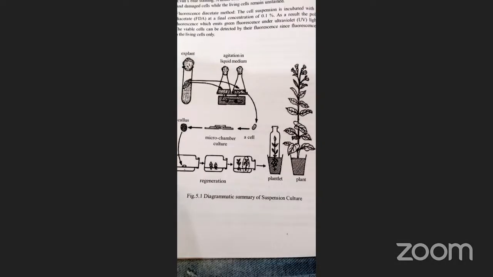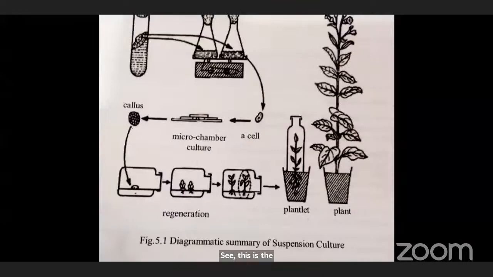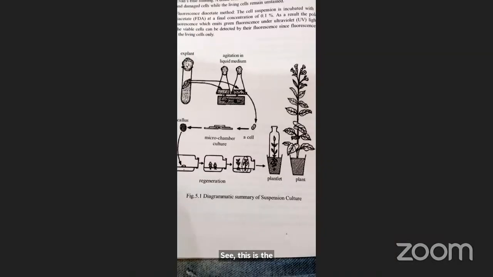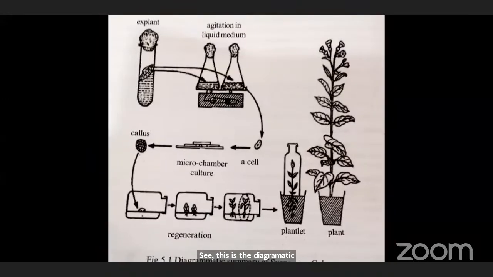See, this is the diagrammatic structure of suspension culture. In that, first the explant is taken in the nutrient culture media and closed with cotton. The next image indicates agitation in a liquid medium.